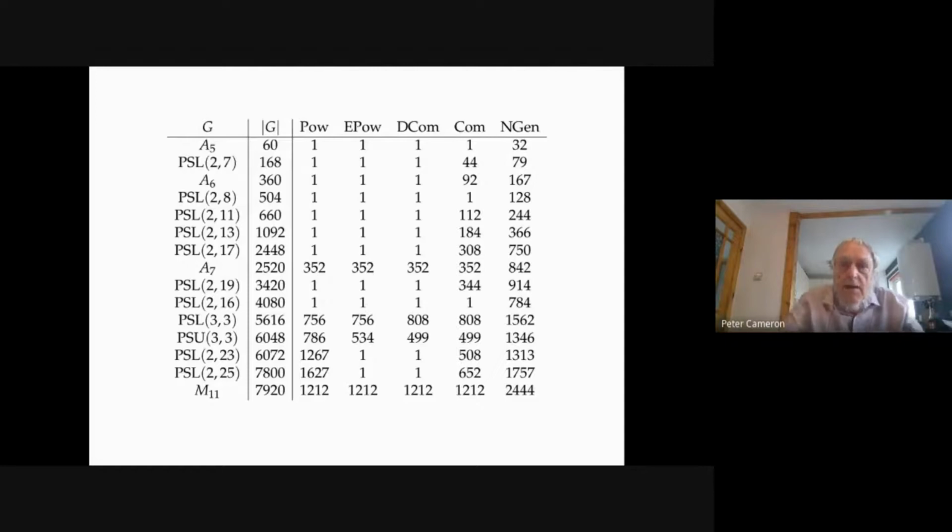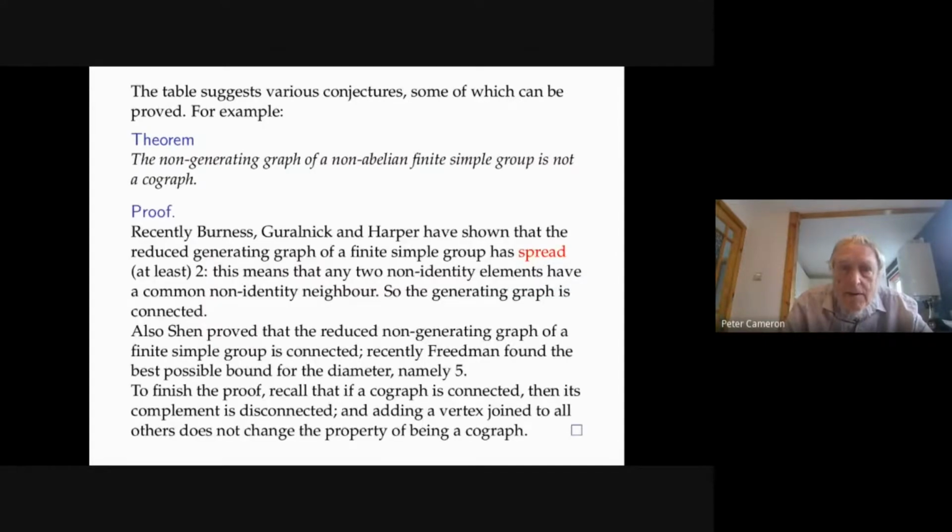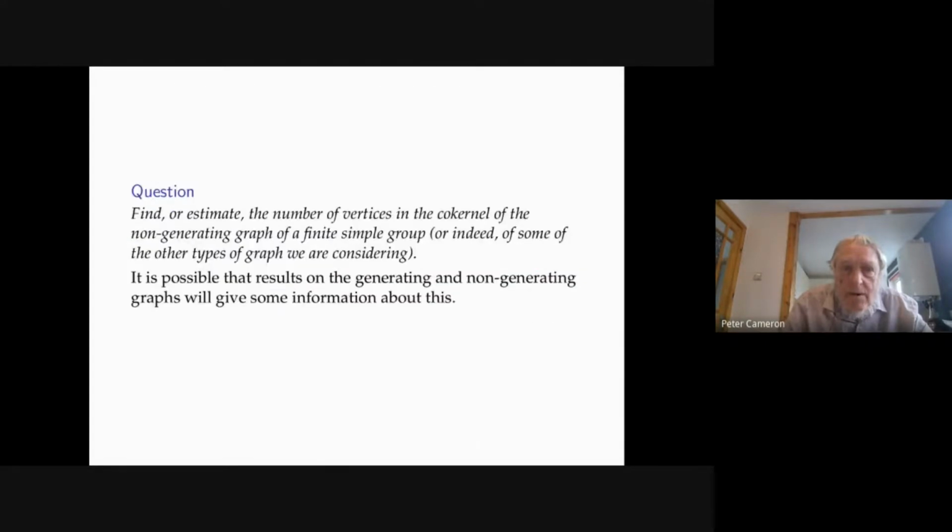And to say that the number here is equal to the number of cyclic subgroups would say that there's no further collapsing. Once you've done that collapsing, there are no more twins. But that's not true in all cases. It's probably true in many cases, but not all. So that's another question that might be worth looking at.